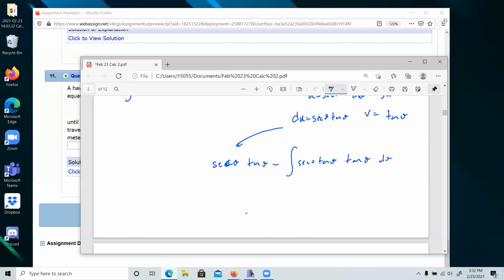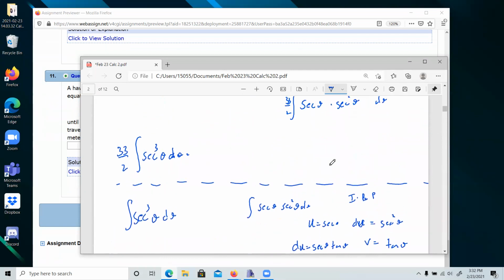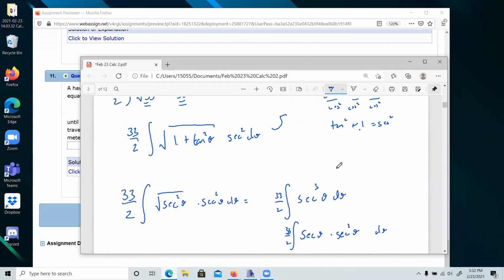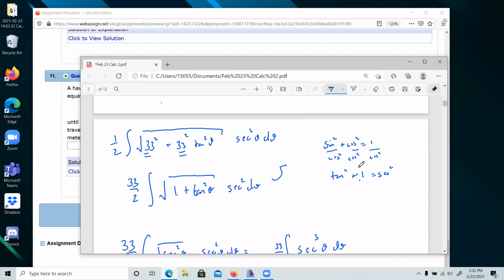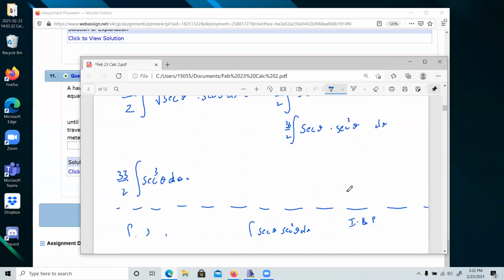So we still have the integral of secant cubed theta equals all of this: secant theta tangent theta minus the integral of secant theta tangent squared theta d theta. Well, that looks a little familiar. Tangent squared theta is equal to secant squared minus 1.